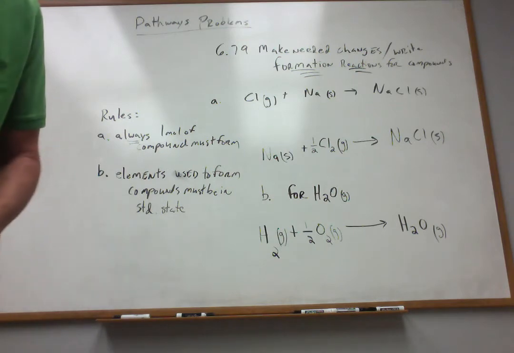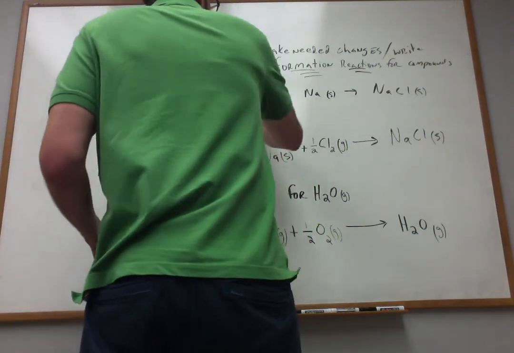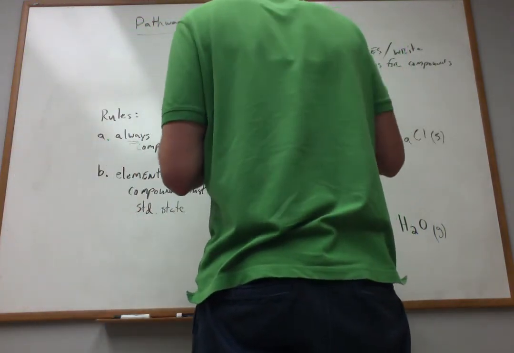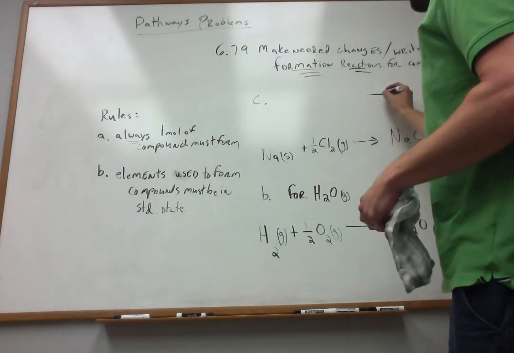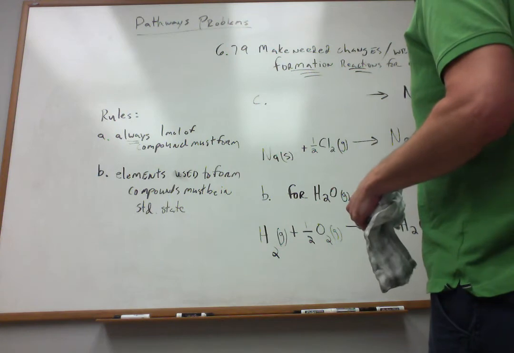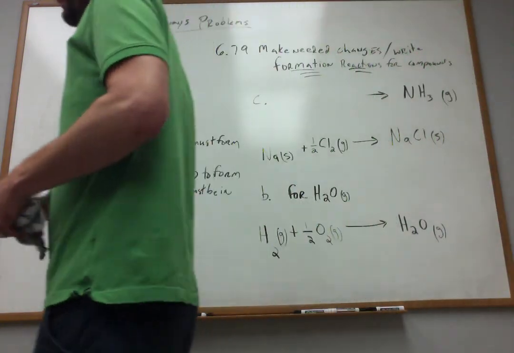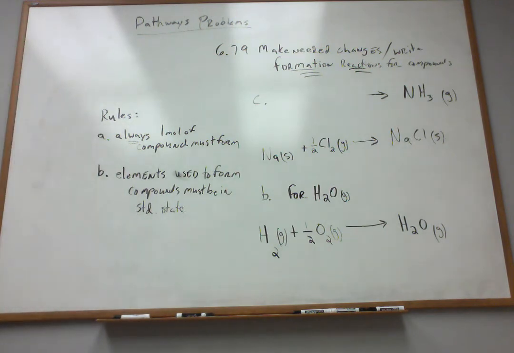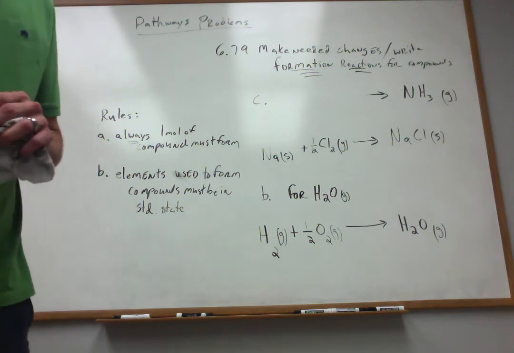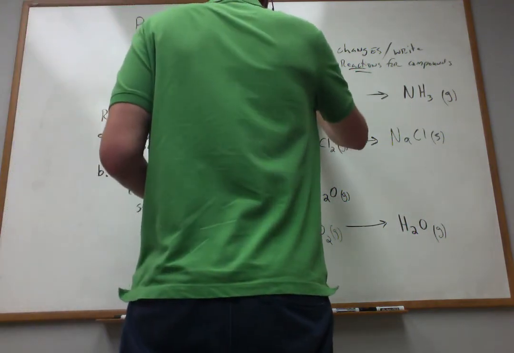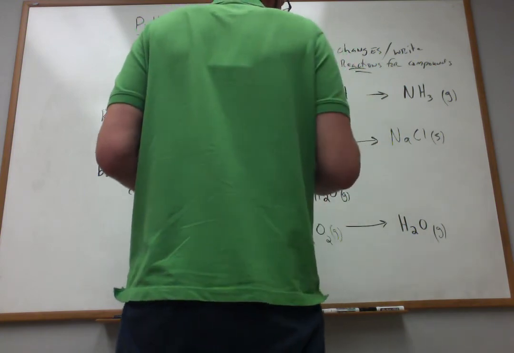Now part C is ammonia gas. So let's take a look at that. We're going to want to write the formation reaction for ammonia gas. Ammonia is NH3, gas phase. Again, the rule says I need to make 1 mole of that from its elements. So the element nitrogen is involved, the element hydrogen is involved.